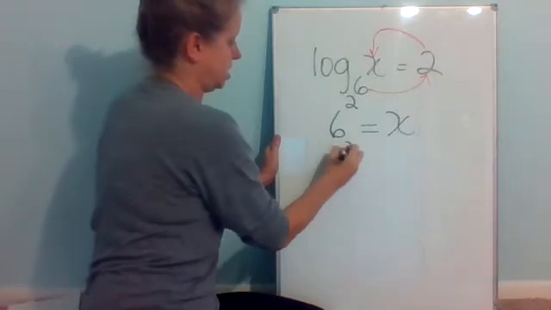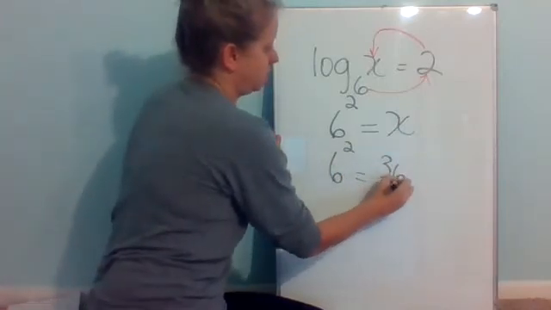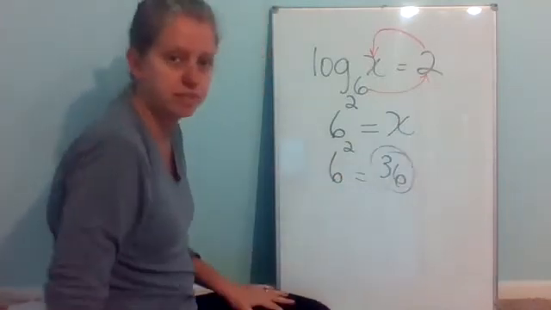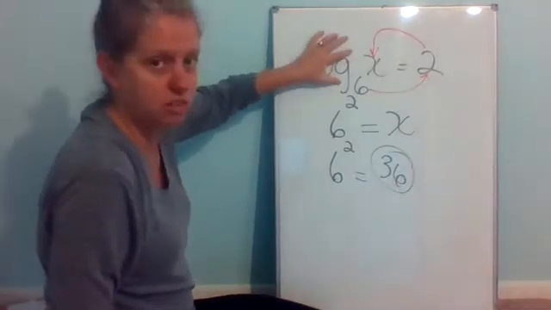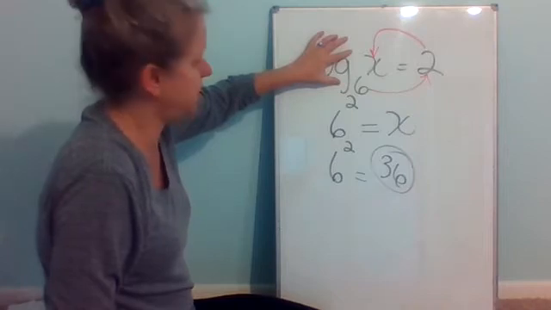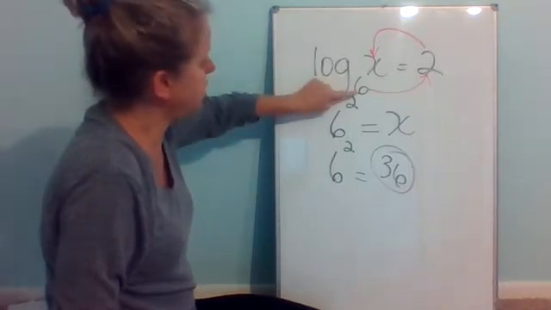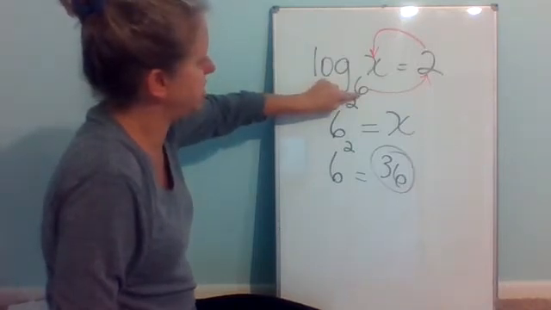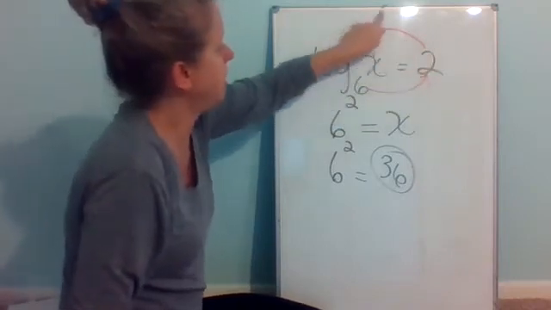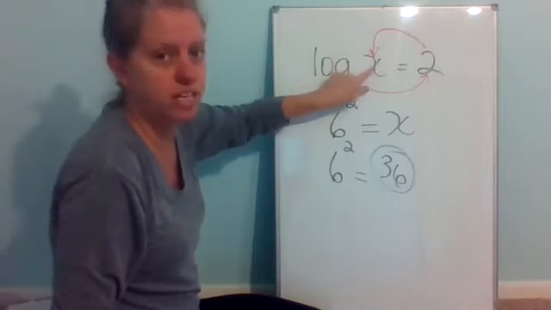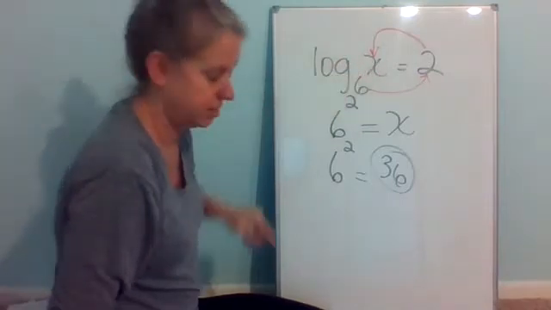Well, what is 6 to the second power? It's just 36. So if you just have one log in your equation, rewrite it as an exponent. Do whatever this base is, raise it to that power, and then make it equal to whatever is here.